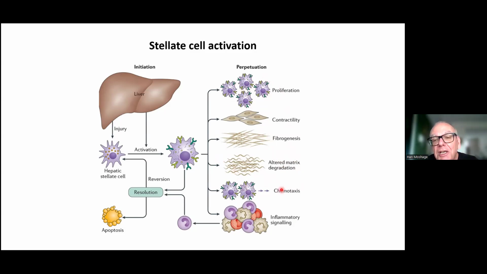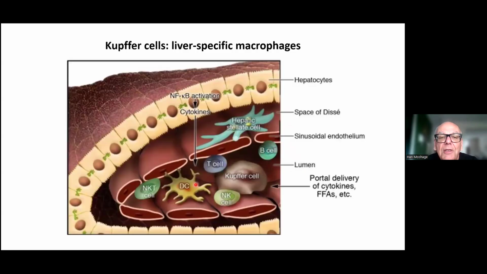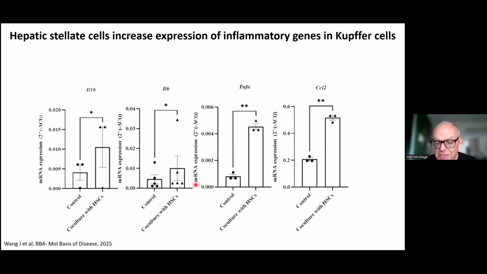And the question is, all these factors released by stellate cells, are they released as soluble factors, or are they in extracellular vesicles? So we investigated the effect of hepatic stellate cells on inflammation in activation in Kupffer cells.